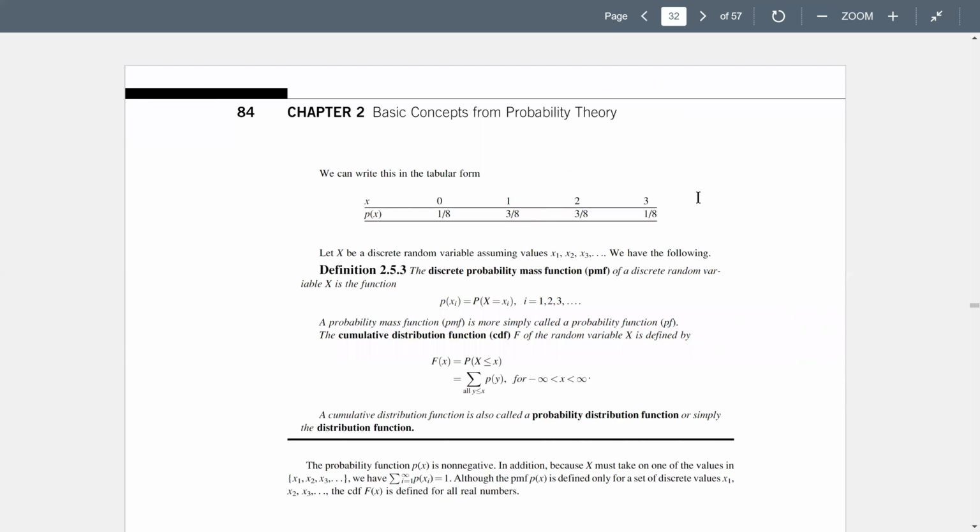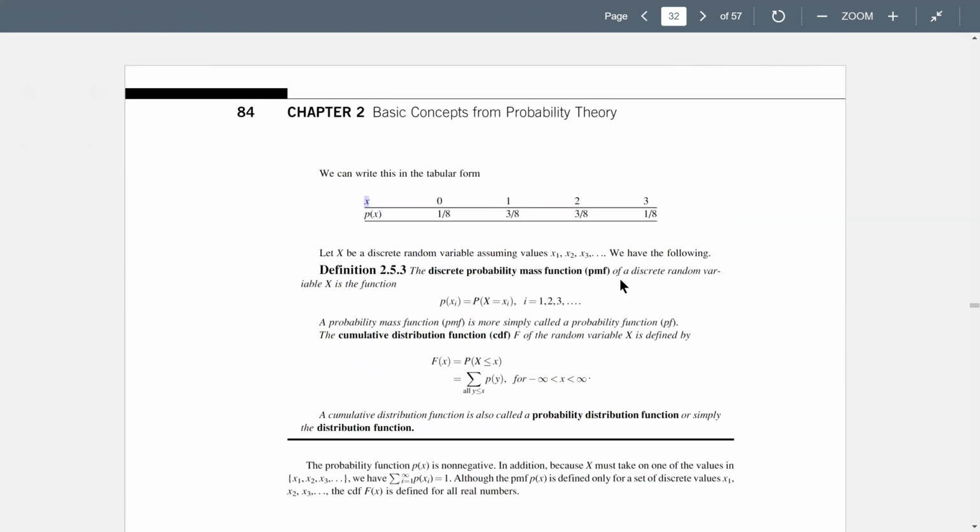You have 0, 1, 2, 3. You can only have these 4 numbers, 0, 1, 2, 3. But each one appears according to a different probability. So this is what a discrete random variable is.